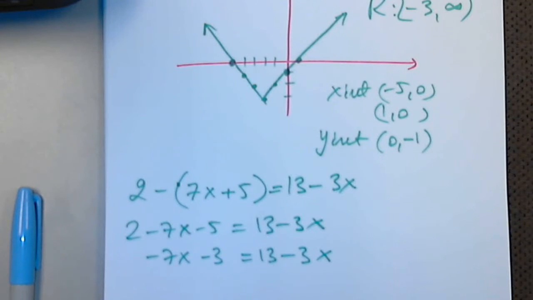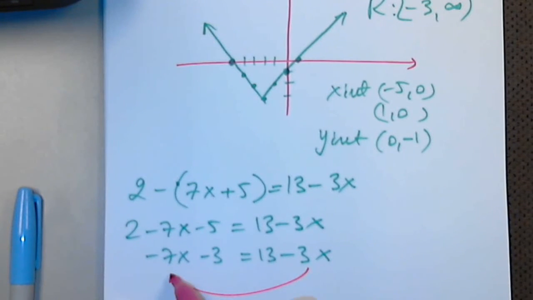Since it's a linear equation, now I will move terms around. So I prefer the variable to be on the left-hand side. But that's me. Is it wrong if you have the variable on the right-hand side? No. It's just a habit, and I truly believe it's a good habit to have. Sometimes I will keep the variable on the right, but very rarely.